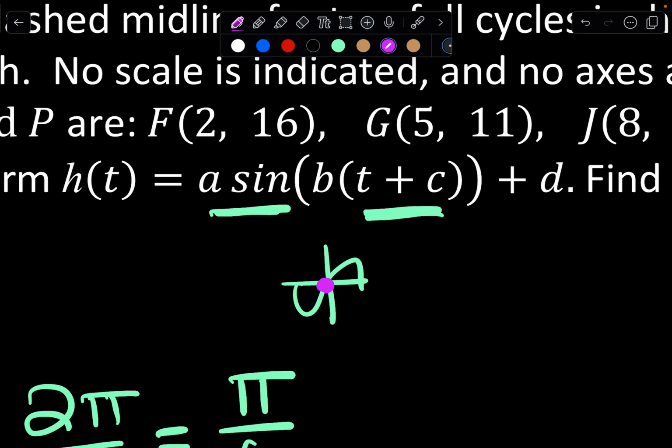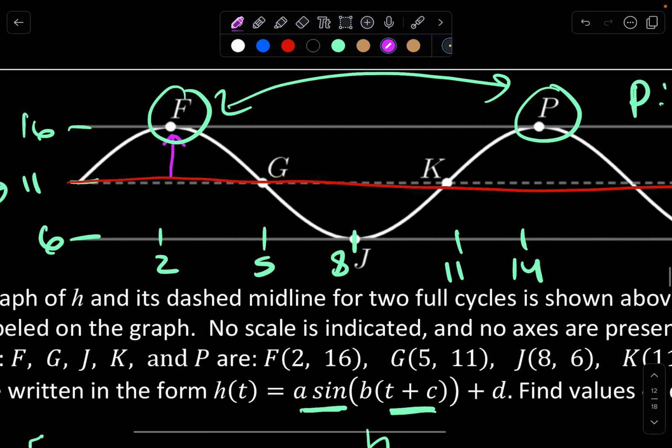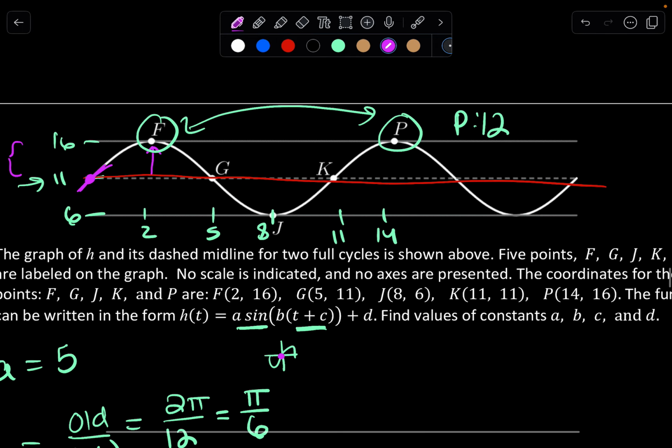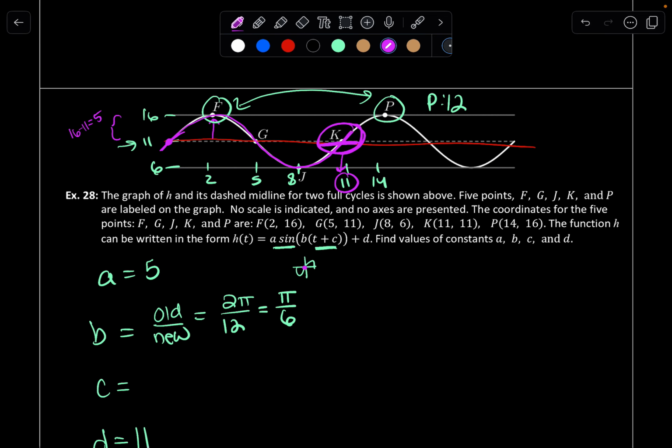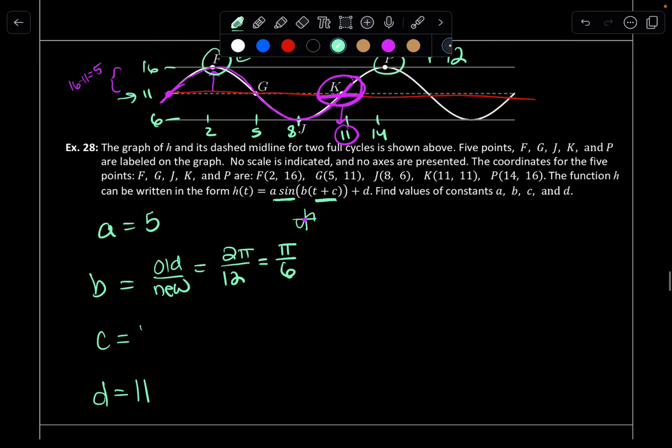That's going to be my phase shift. So if I look at the start of this, I can see that there's one here, but it wasn't a given point. Could we figure it out based on the period? Absolutely. But if I cycle through my 5 points here, I can see that at K, our sinusoidal curve is increasing through the midline, okay? That means I can use that value, 11. So that means my C value will be equal to 11.